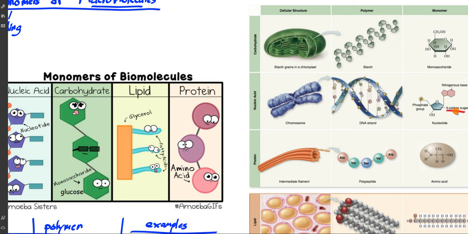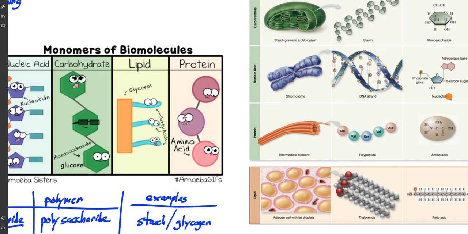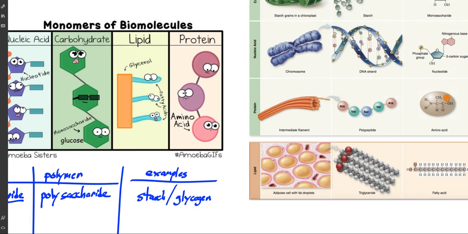And these things, like what's the 5-carbon sugar, what's the nitrogenous base, all that, in Bio 30, we'll spend more time on that. For proteins, things like muscle fibers are made up of strings of polypeptides. Polypeptides are 1, 2, 3, 4, 5, up to maybe hundreds of thousands in a row. These get really, really long, really complex. Amino acids, all of these individual pieces, that's an amino acid, that is too.